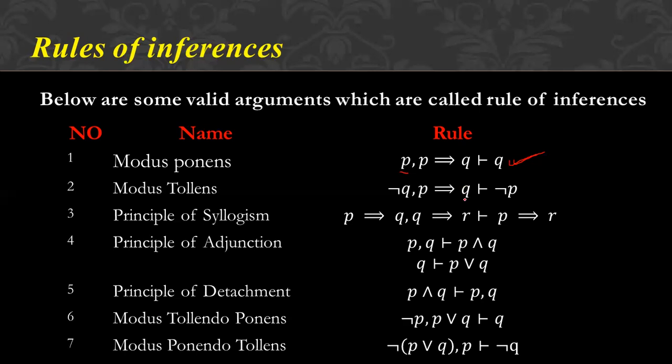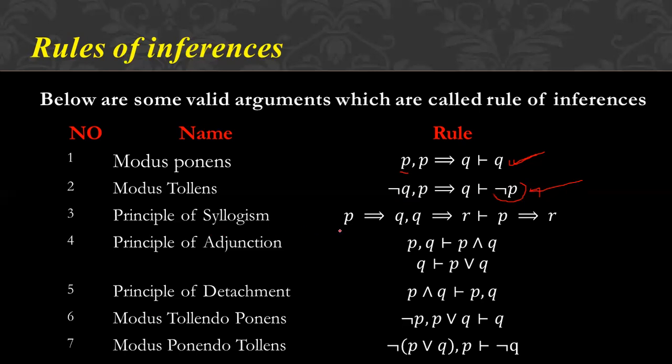If Q is false, for P implies Q to be true, P must also be false at the same time. If P is false, negation of P is true. Therefore, negation of P, the conclusion, is true whenever the two premises are true. Therefore, it is also valid.